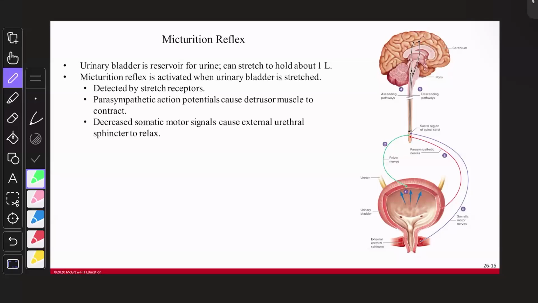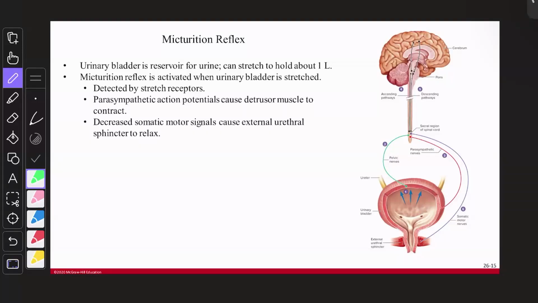The brain sends parasympathetic action potentials that cause the detrusor muscle to contract. The detrusor muscle contracting is what is going to start to move that urine out of the bladder and into the urethral space.